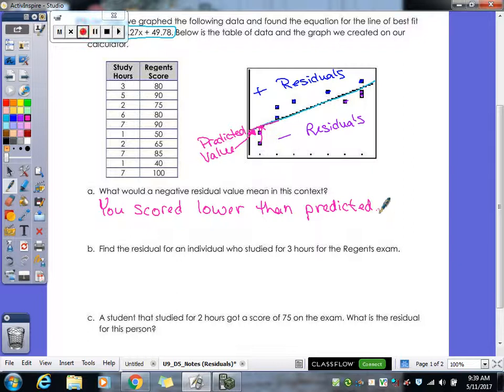So therefore, our positive residual in this context means what? Now, did they throw in that 3 hours for extra information, or do we need that 3 hours? Well, that 3 hours helped us get the scatter plot.